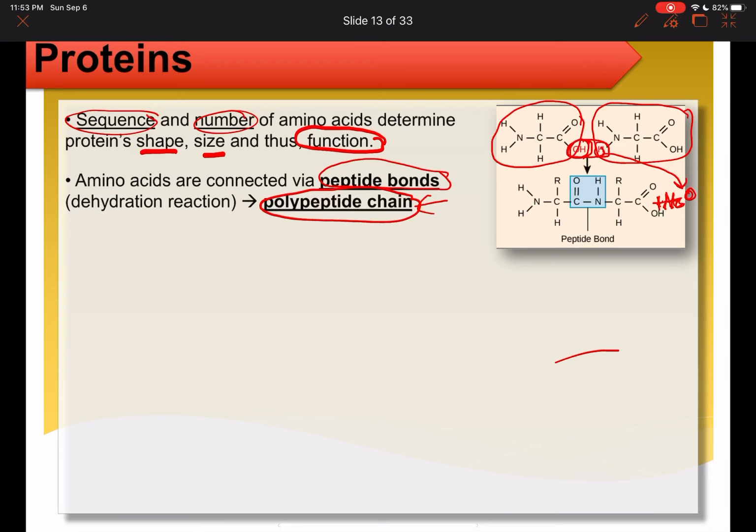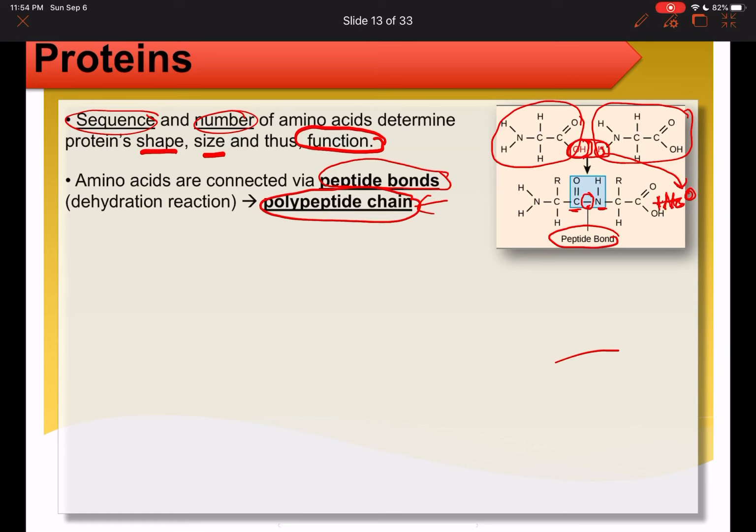And then what will form the bond between them is this one right here, between the carbon of the carboxyl group and the nitrogen of the amino group of the other amino acid. That particular covalent bond right there is called the peptide bond.